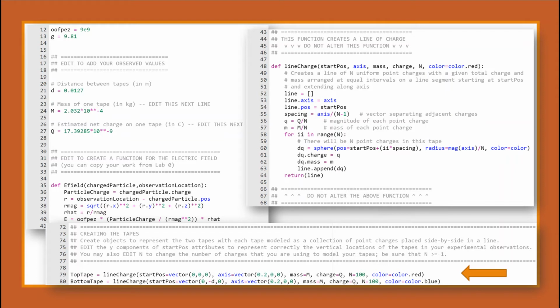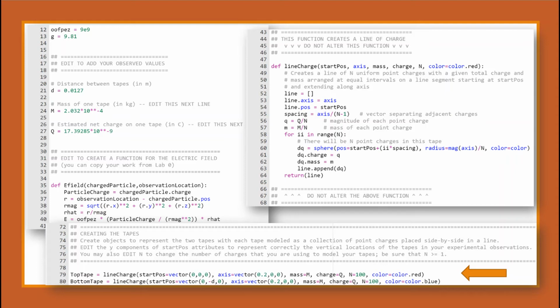At lines 79 and 80, I am creating the top tape and the bottom tape. As you can see where it says start position equals vector, for the top tape, I'm using that as my origin, and the bottom tape is 0, negative d, 0. D is the distance between the tapes, and that's in the y position as well.